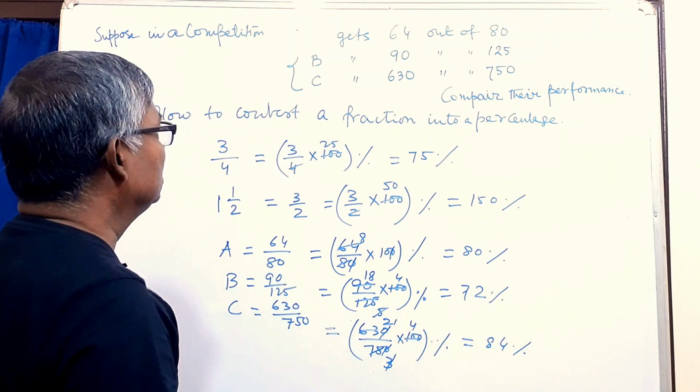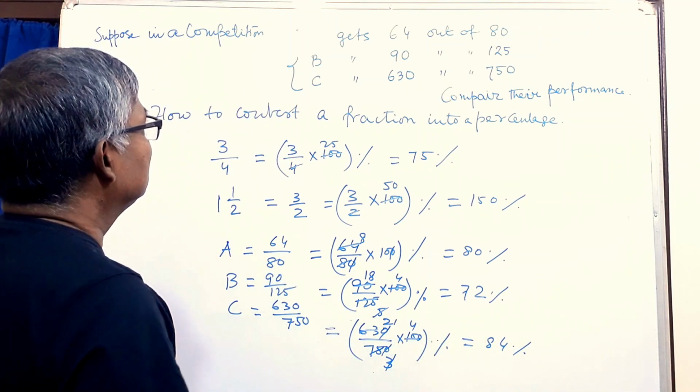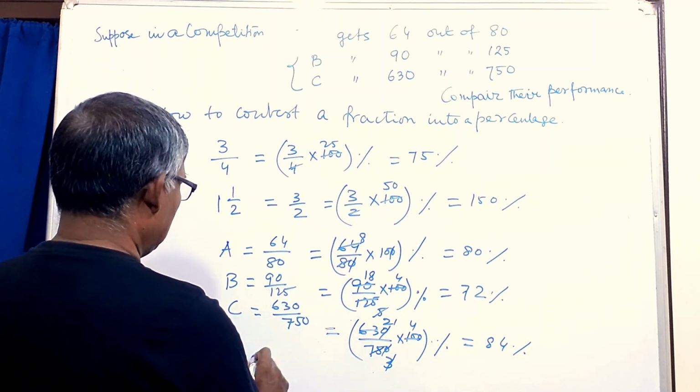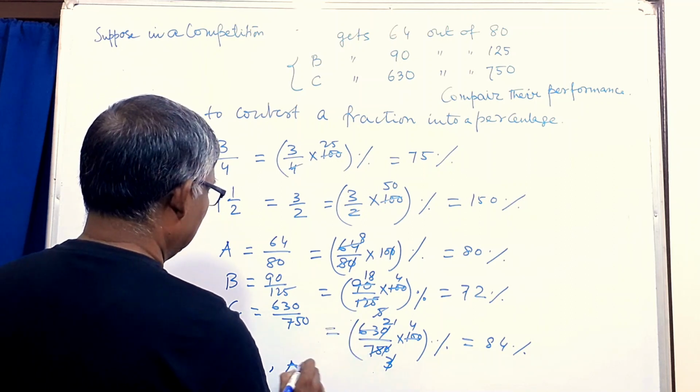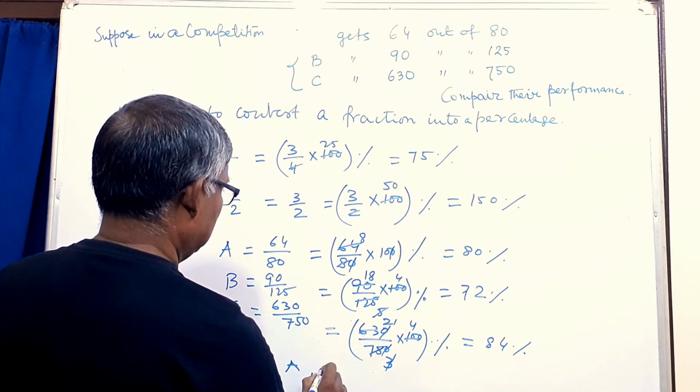If you arrange according to their performance, C gets more than A, and after that B.